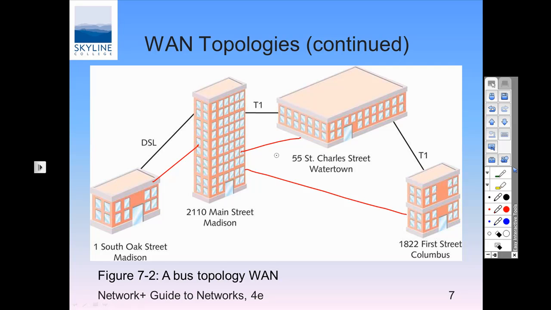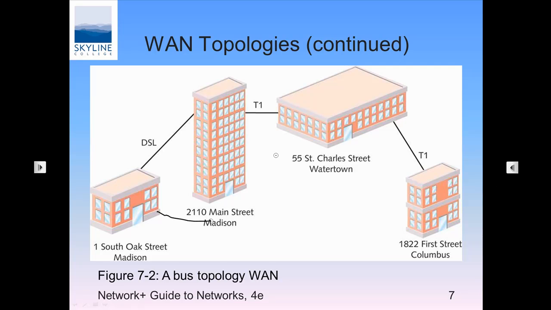Could we, and let's just fool around with this one a little bit here, could we create a mesh? And that's a term I think I haven't used yet. A mesh is where everything's connected to everything else. So we got Madison connected to Main Street, or South Oak connected to Main Street. We have to connect here, and we have to connect here. So now this guy's connected to everybody else, right?